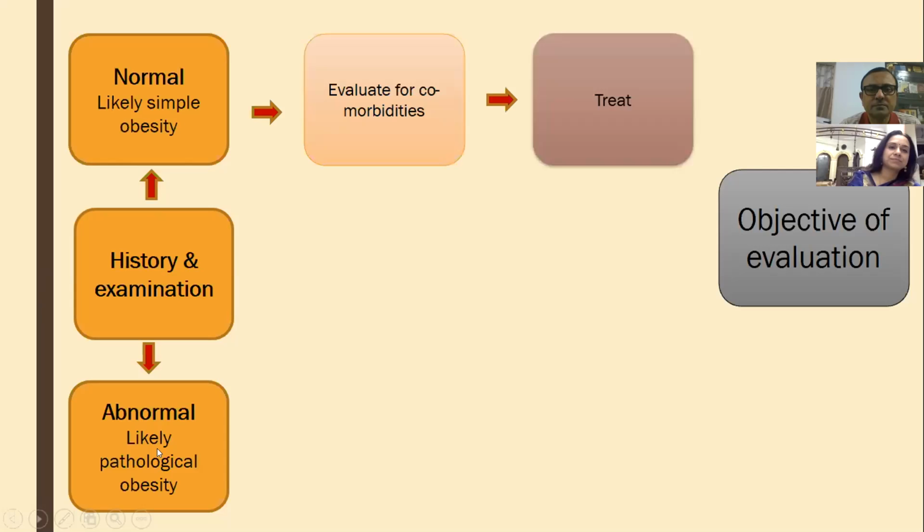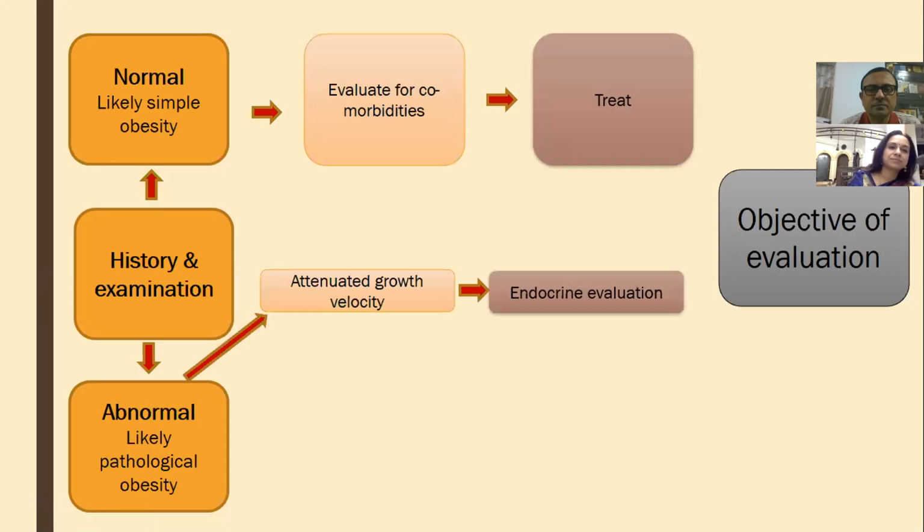Next, in a child with simple obesity, we would like to evaluate for comorbidities and manage them accordingly. Whereas if a child has pathological obesity, what is not good? Let us see. A child with attenuated growth velocity should undergo endocrine evaluation. Most of these children with simple obesity, as Anurag had mentioned in his talk, tend to be tall for age.